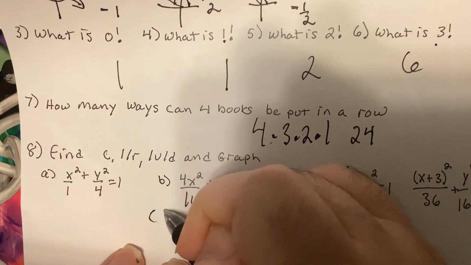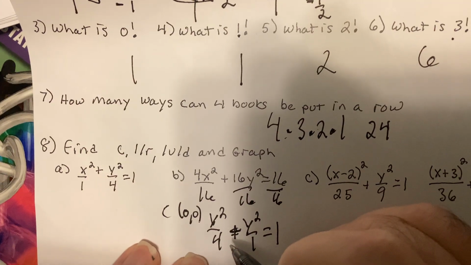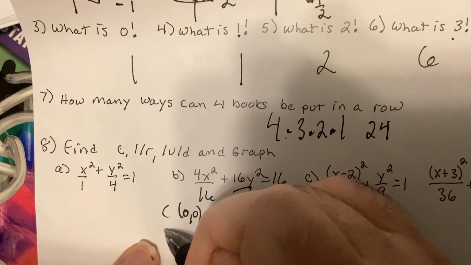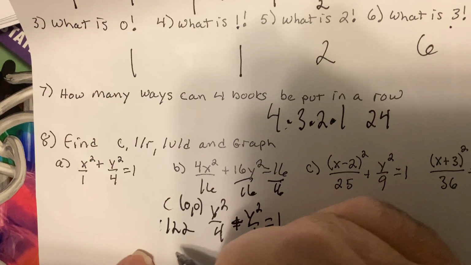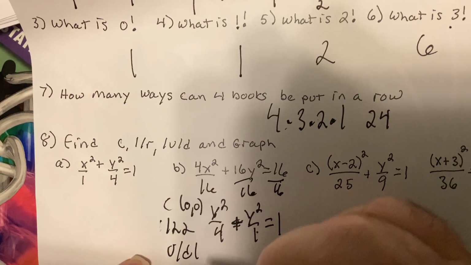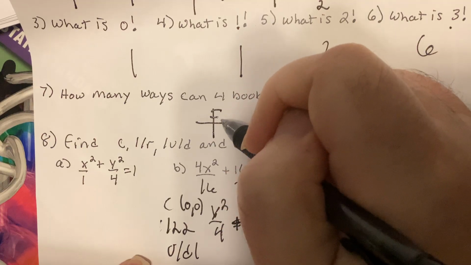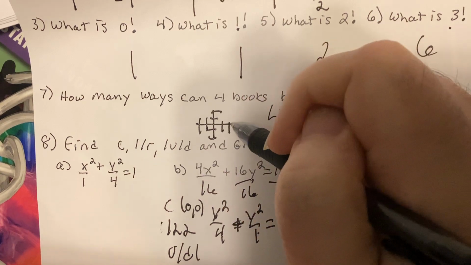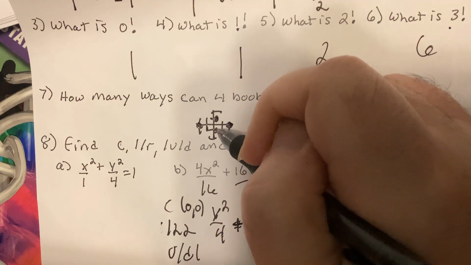So the center is 0, 0. You go left, right, 2, and up, down, 1.